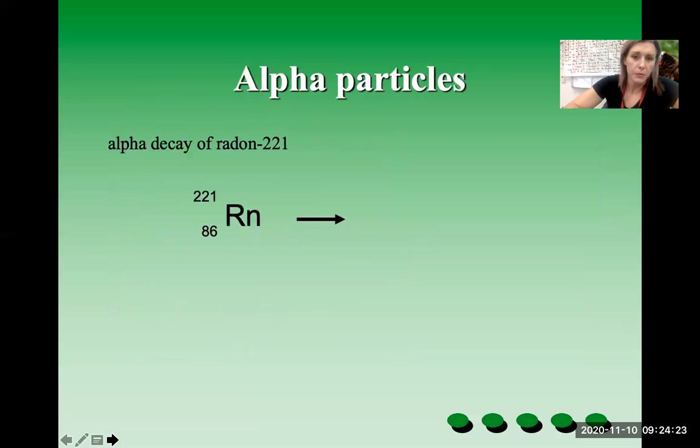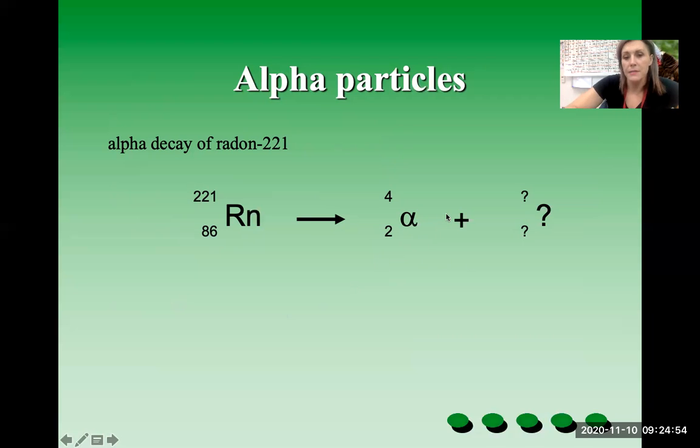So here's an example of alpha decay of radon-221. Radon on the periodic table, or 221, its atomic number is 86 and its mass number is 221. If an alpha particle decays out of that, think of these equations like the arrows as equal signs. Whatever's on this side, like 86 and 221, you have to have the same on this side.